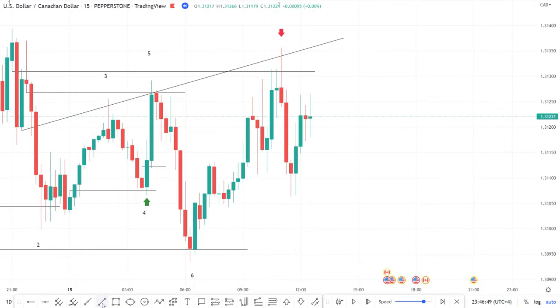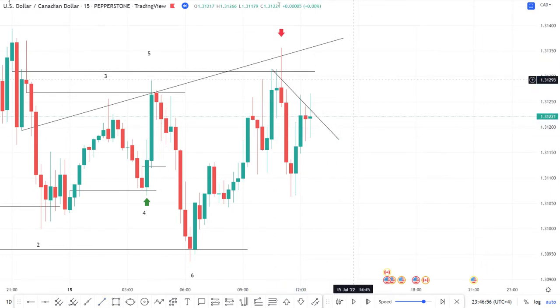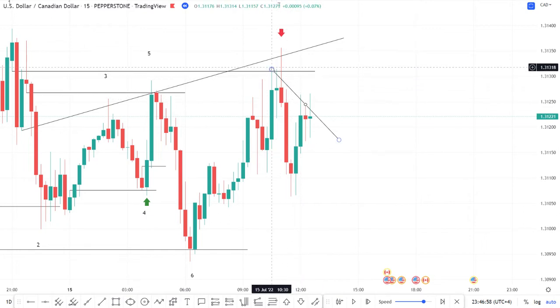So, dito, ang nakikita ko is this line cuts through this. So, itong slope frequency line natin is acting as a strong barrier.